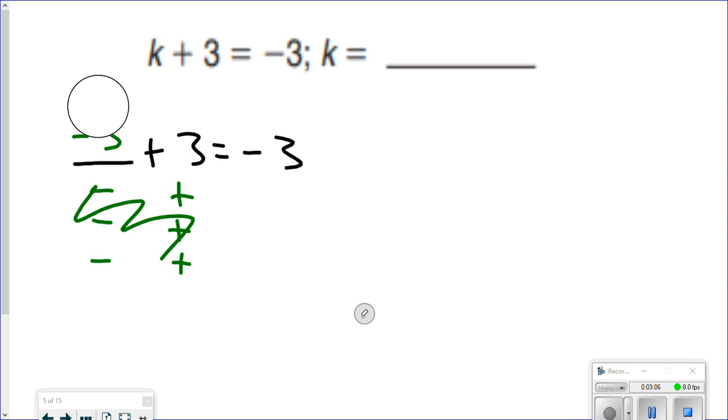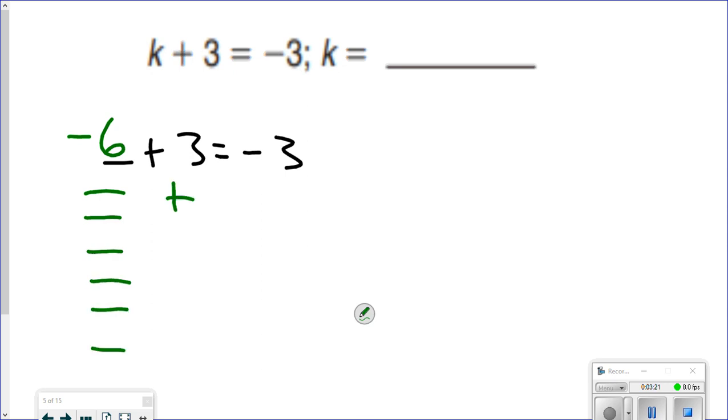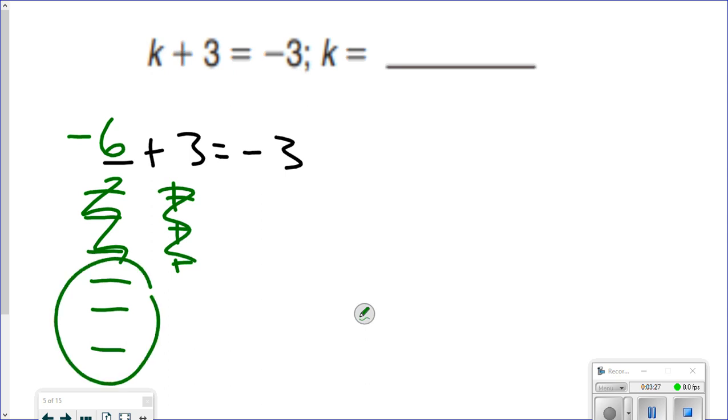So that's not correct. I have to go more. What if I put a negative 6 here? I have 6 negatives. I have 3 positives. These 3 negatives cross off the 3 positives. I'm left with negative 3, so negative 6 is my answer.